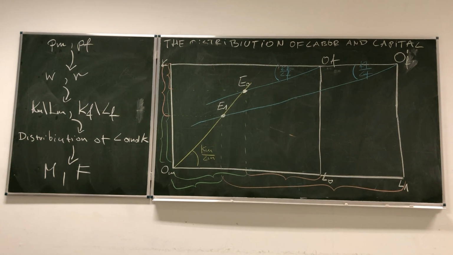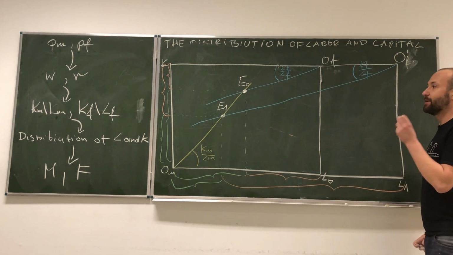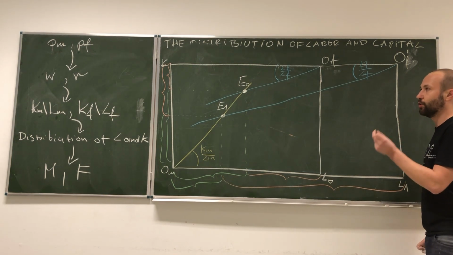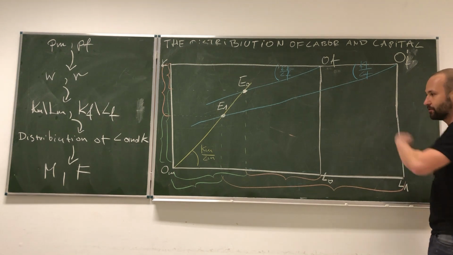So look, this is the essence of the Rybczyński proposition. If the amount of one factor of production is increasing, and this factor of production is labor, then in the long run equilibrium the economy will produce more food, and it will also use more capital and more labor.